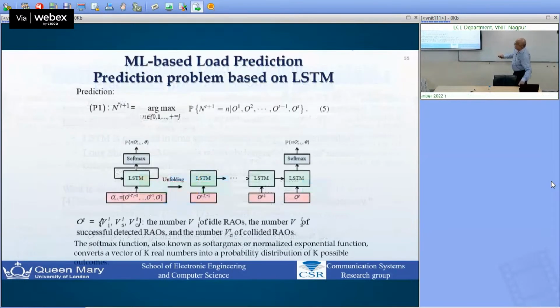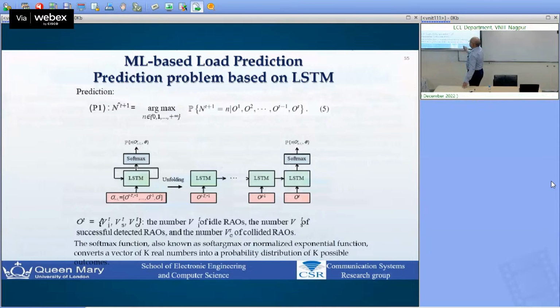This is the LSTM architecture, a recurrent neural network. If you unfold it, here we have LSTM units for the past T time slots. We are going to feed the observations over the last T slots.